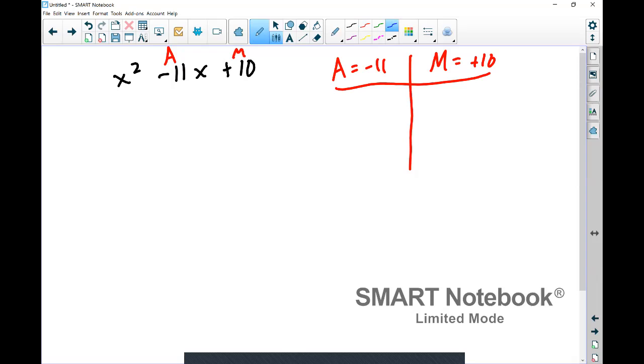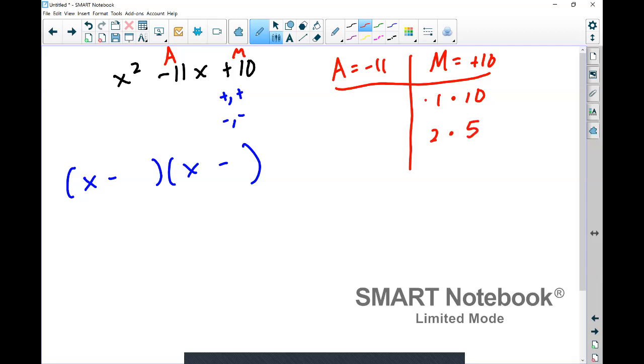If you remember our rule, the product is positive, so it has to be positive, positive, or negative, negative. Since we're adding to a negative, both terms have to be negative. So x minus something and x minus something, and we figure out what multiplies to 10. Well, I know 1 times 10 works, and I know 2 times 5 works.